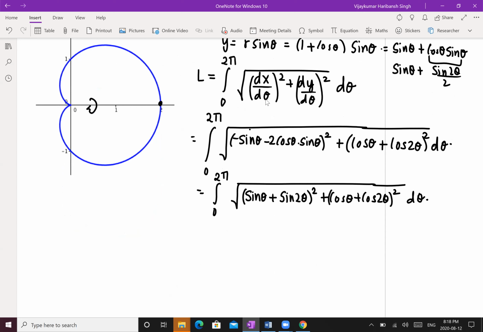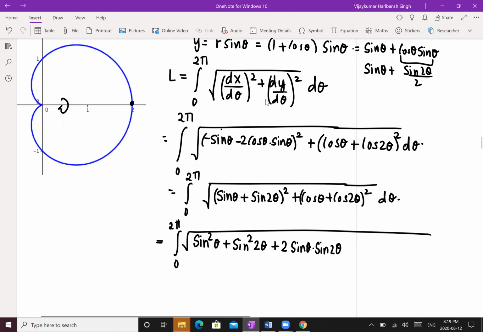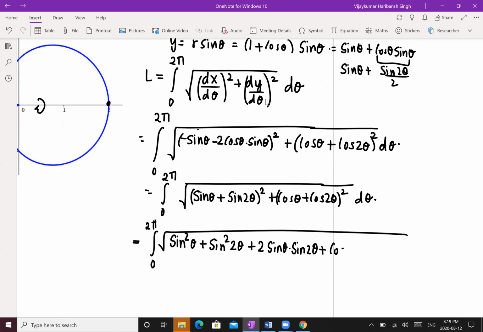So now we want to evaluate this integral. One way is to expand this out. So we get 0 to 2 pi. This will become sine square theta plus sine square 2 theta plus 2 sine theta sine 2 theta. That is just the first part. The second part, we have cos square theta plus cos square 2 theta plus 2 cos theta cos 2 theta, d theta.